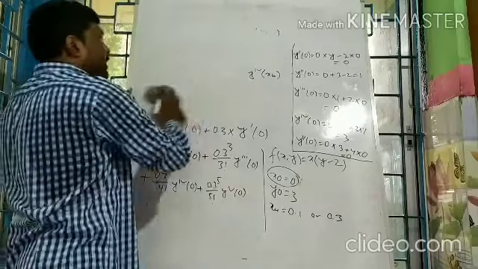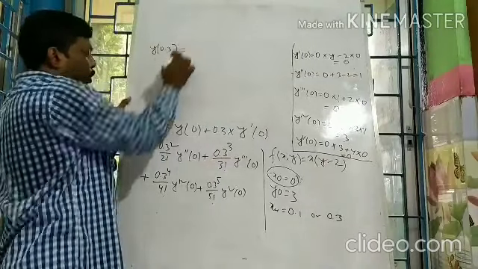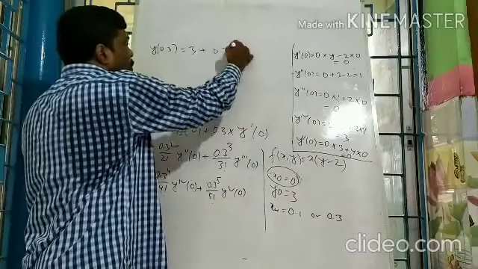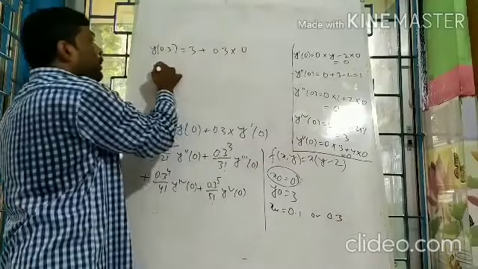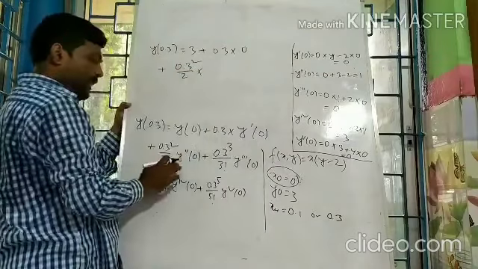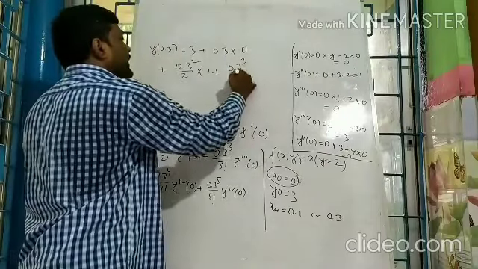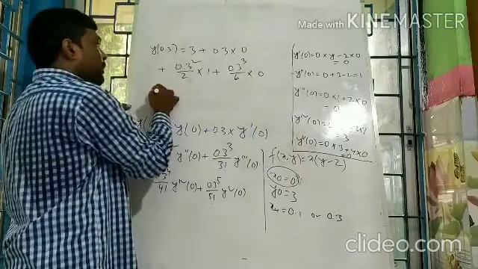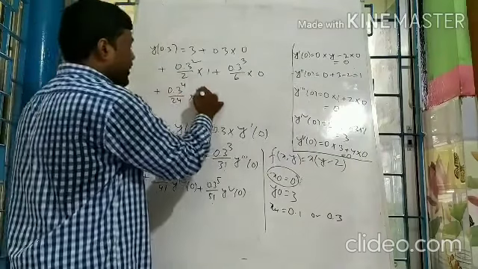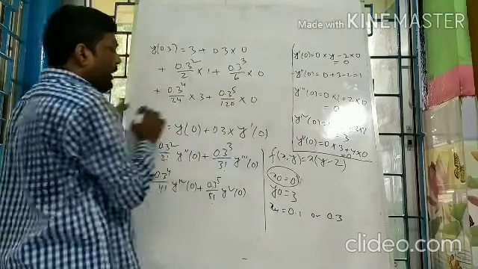So y(0.3) equals y(0), which is 3, plus 0.3 into y'(0), which is 0, plus 0.3 square by 2 factorial, that is 2, y''(0) is 1, plus 0.3 cube by 3 factorial, which is 6, into y'''(0), plus 0.3 to the power 4 by 4 factorial, which is 24, y4(0) is 3, plus 0.3 to the power 5 by 5 factorial, which is 120, y5(0) is 0.